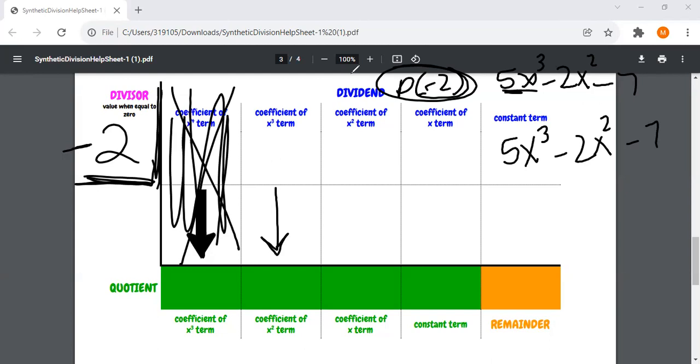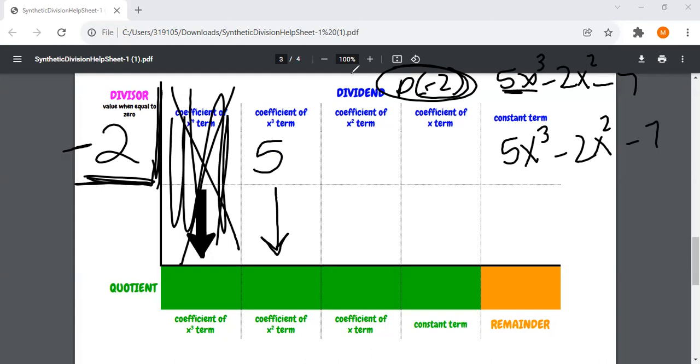What is the number next to the x cubed? Wait, Miss Perdomo, I don't know what you mean. What is my x cubed? What does that look like? X with an exponent of what? 3. So what number is it? 5. I'm like half asleep right now.